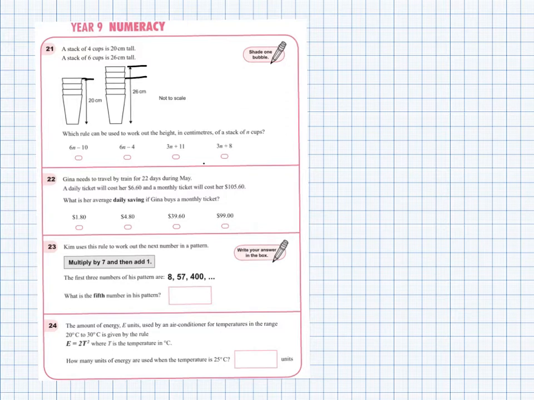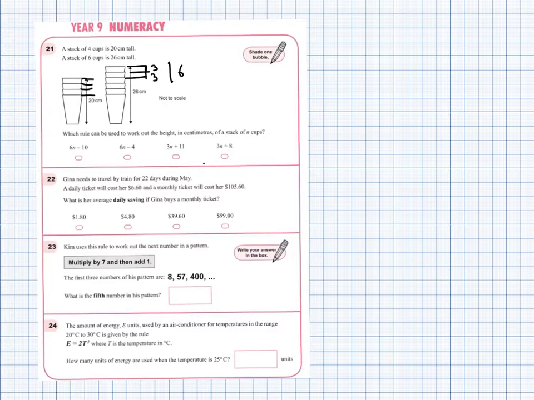So if all of this is 6, then each cup's height has to be 3. Everyone knows how I got 3: the difference between 20 and 26 is 6, and there are 2 cups, so each has to be 3. Then this one is 3, this one is 3, and this one is 3.